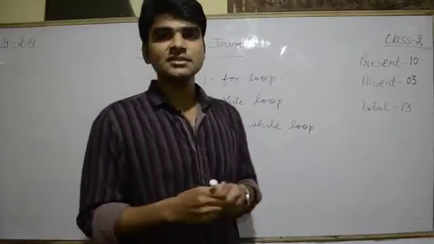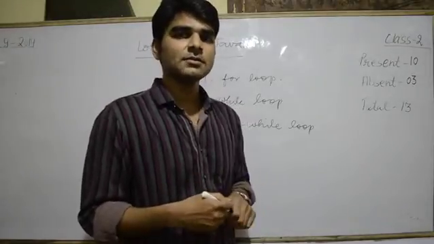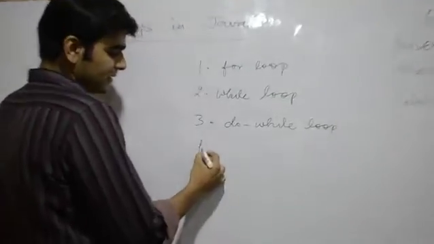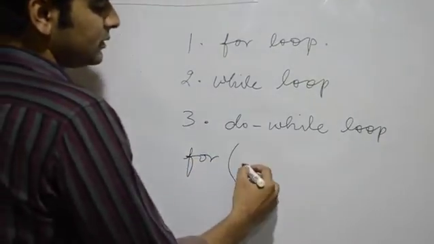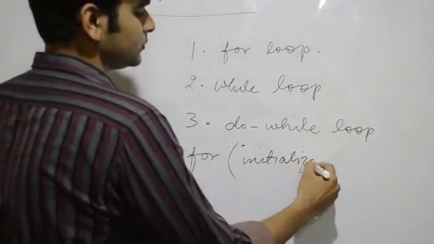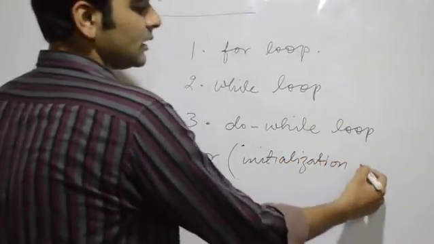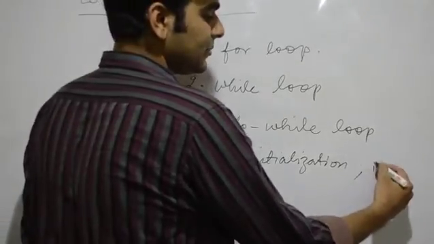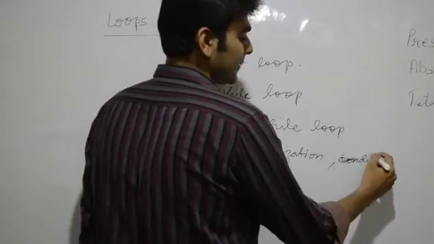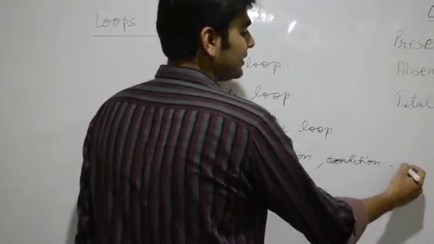So let us discuss the first type of loop in a Java program, that is the for loop. A for loop is written like: for, first initialization, then a semicolon, condition, a semicolon, and then increment or decrement.